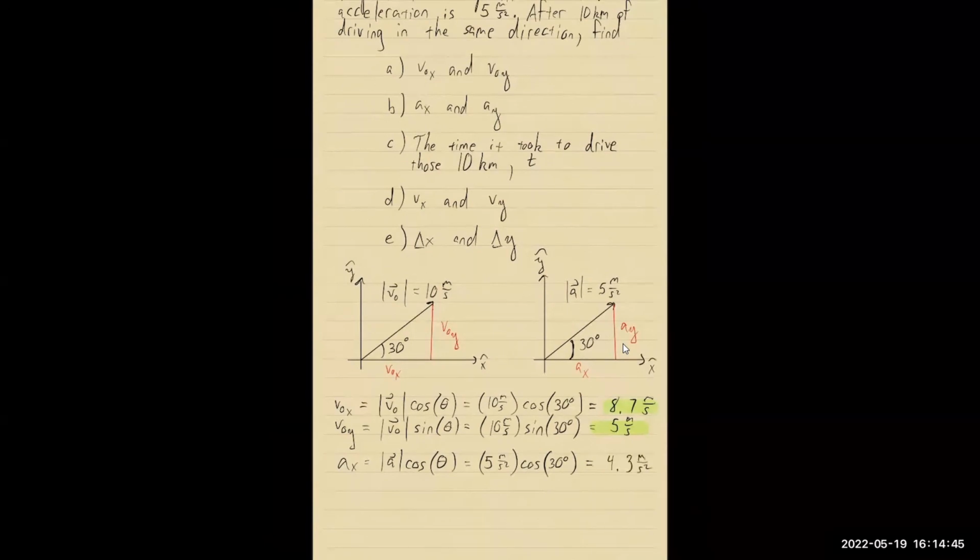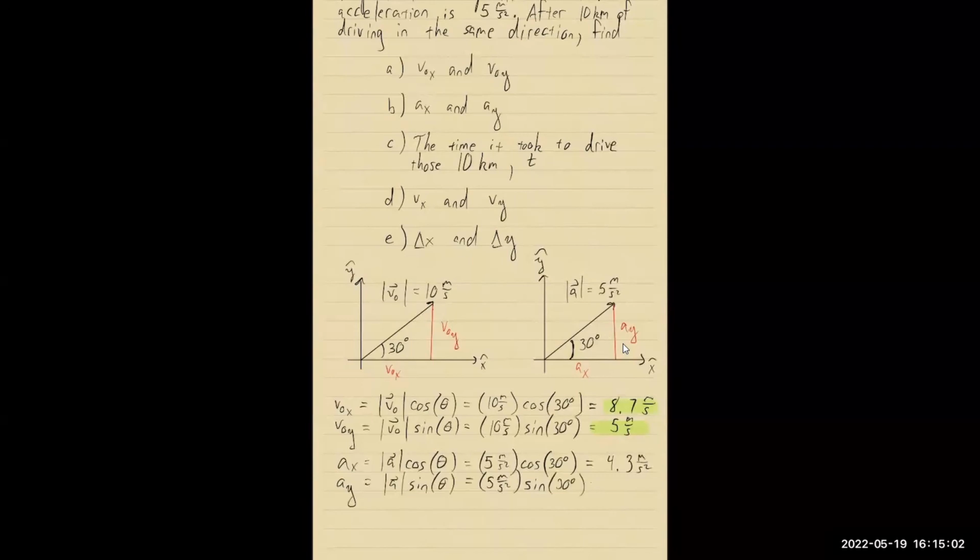And we could do something similar with the y component, right? It's our magnitude times sine of theta, which is equal to 5 meters per second squared times sine of 30 degrees. And this is going to be equal to 2.5 meters per second squared. And so that's part B of our problem.